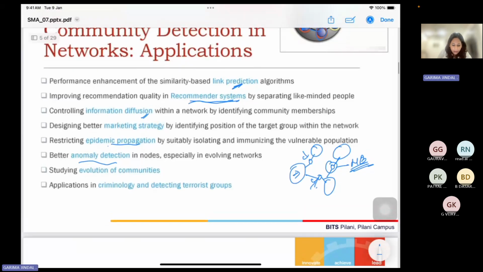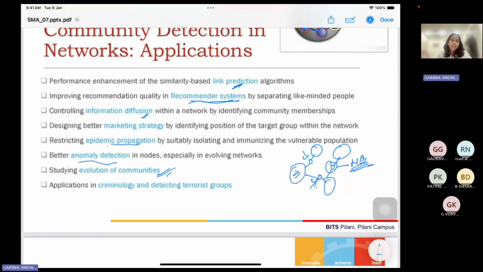Then evolving communities. This is another very important research area in citation networks. We have already discussed the citation network: authors refer to other authors' papers, and whenever we have this kind of network, it is called a citation network. A citation network is always a growing network, and the identification of communities in it can help us identify in which particular research area people are losing interest.